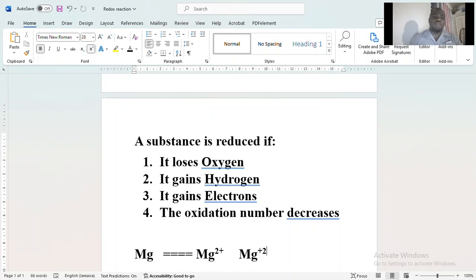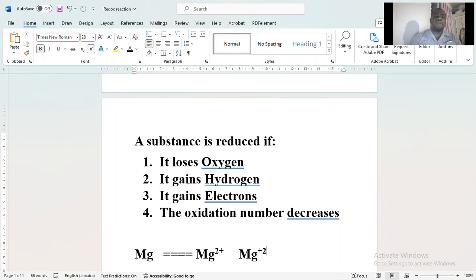Atoms are considered to be neutral. They don't have a charge because they have the same number of protons and the same number of electrons, and so those charges cancel out each other. So an atom of magnesium would have 12 protons and also 12 electrons.